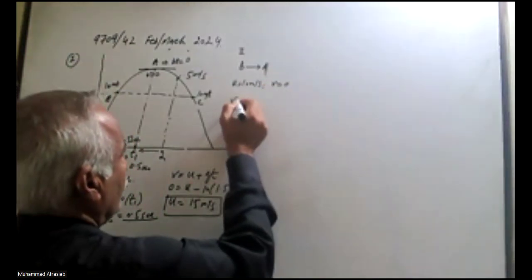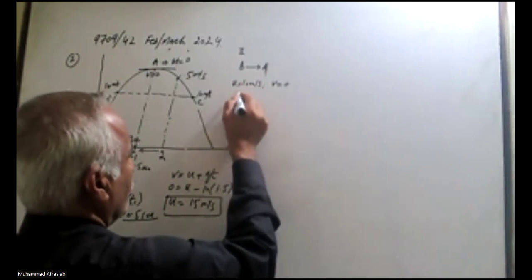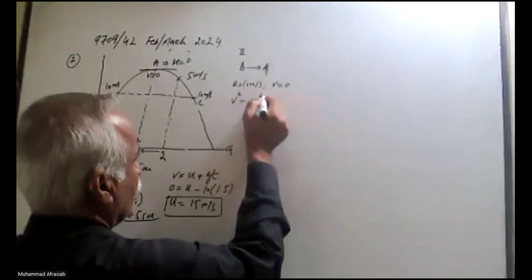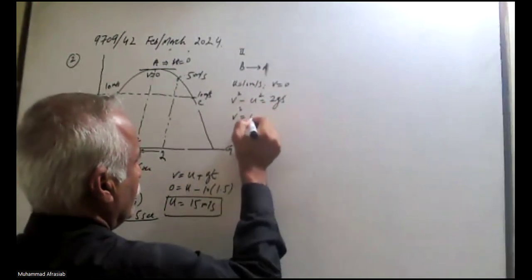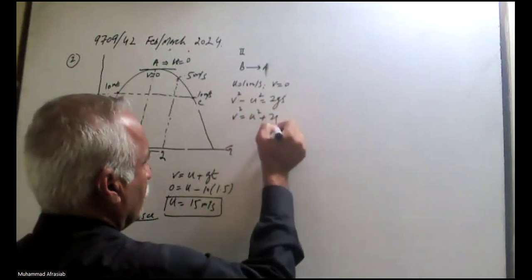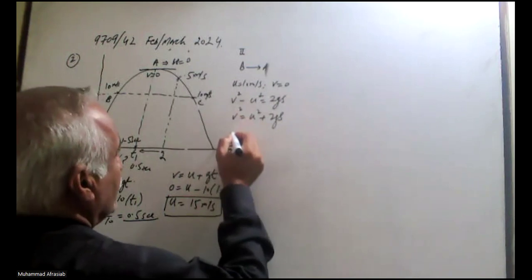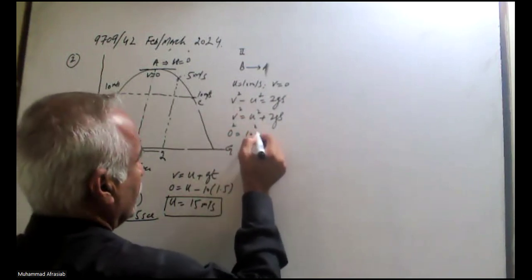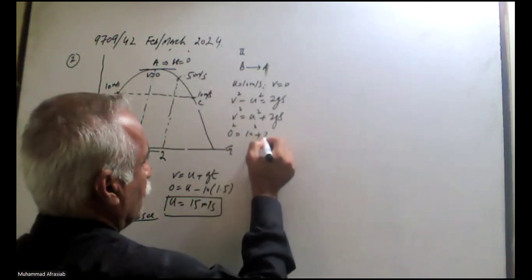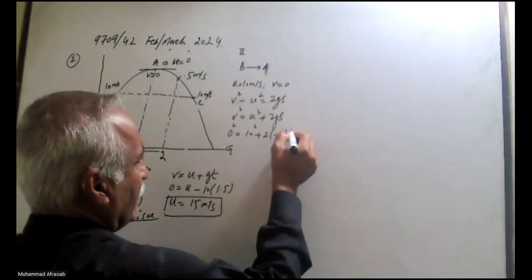And the final speed at A is equal to 0. From the equation, v square minus u square is equal to 2gs, so v square is equal to u square plus 2gs. v is 0, u is 10, square, plus 2, g is minus 10 because it is moving upward, into s.